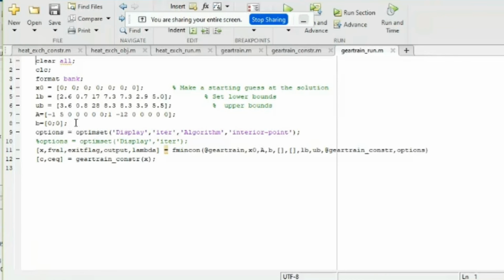So here in this problem we have linear inequality constraints. That file, a Word file, I will share with you. So here if we run this M file, we will get the solution of this gate train problem.